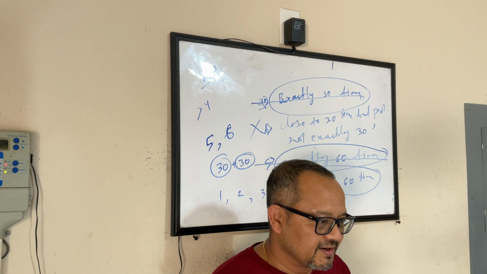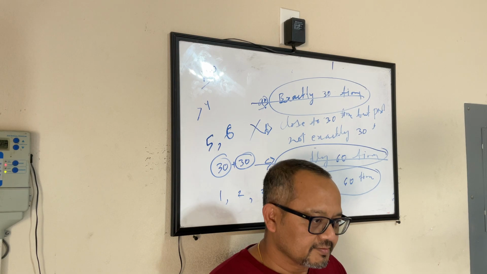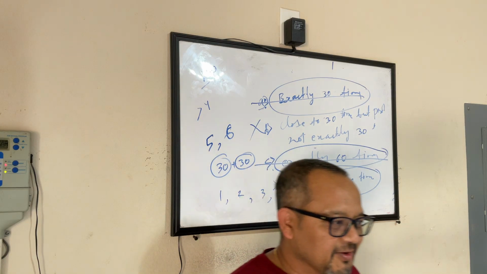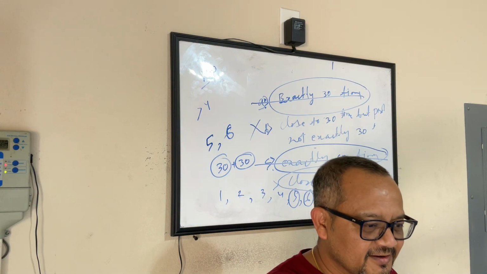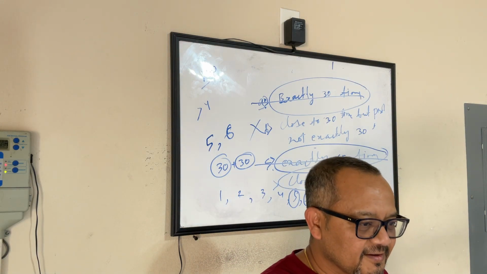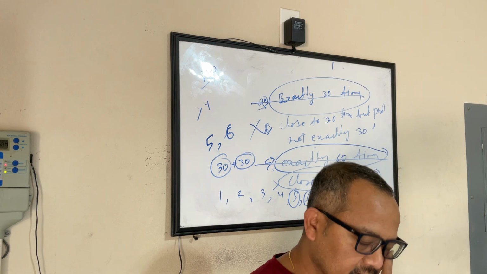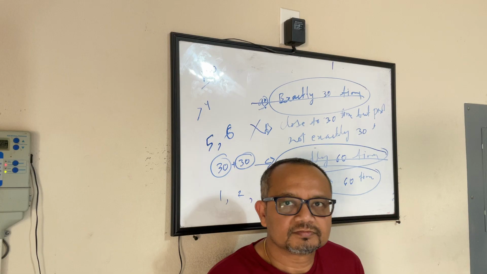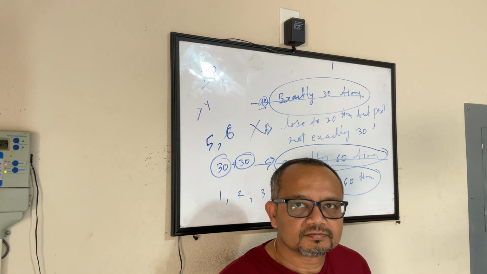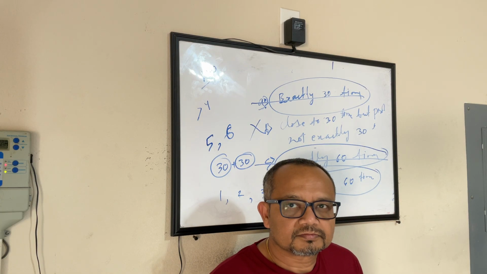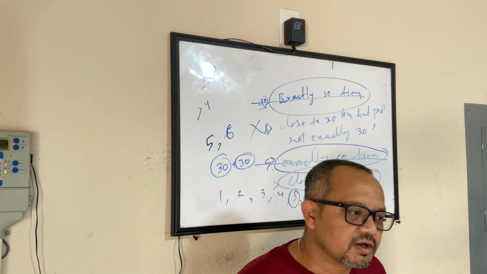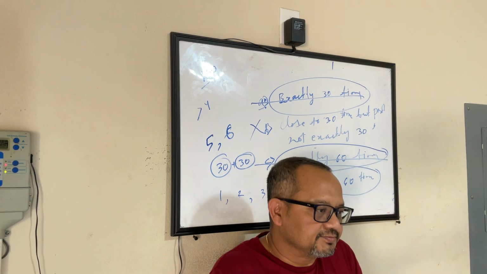Anybody? Nobody? Yes, Nikhil. Is it like triangles in relation, circles in relation to triangles? Like finding the area of a circle with a triangle in it? Not really. We'll come to that.